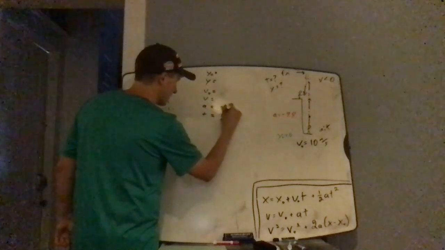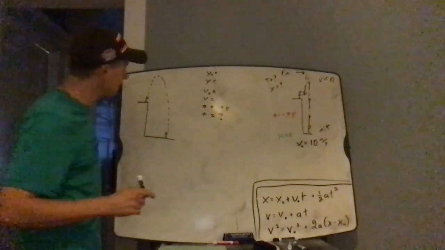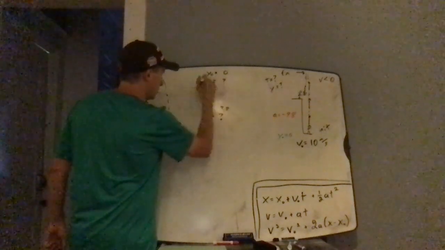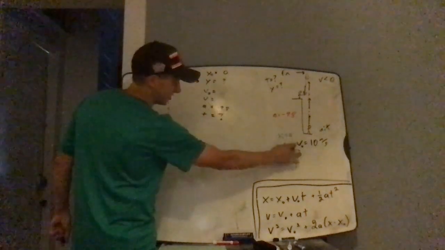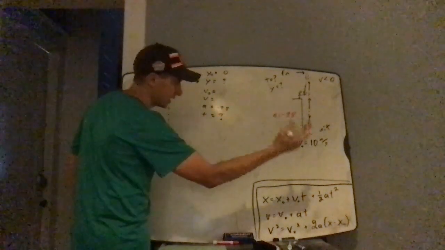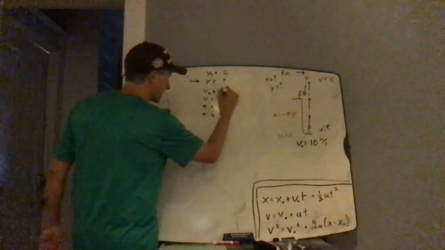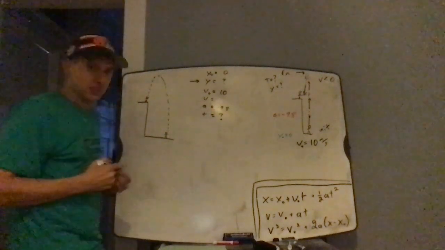Acceleration is negative 9.8 because we're still moving under the influence of gravity. y initial is 0. y final is ultimately what we really want to know. v initial is still going to be unchanged. We're just looking at an earlier moment than 1.5 seconds, so this will still be 10. There's one term left, v.